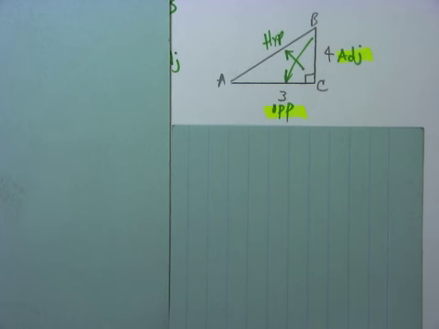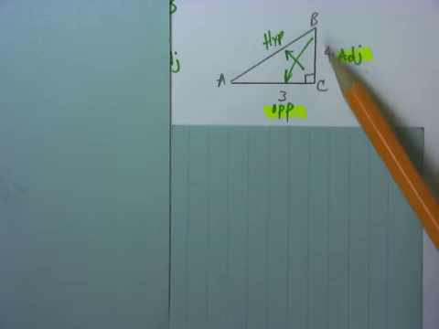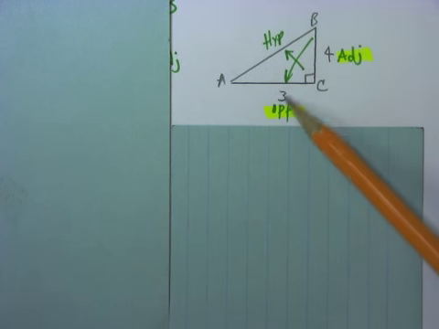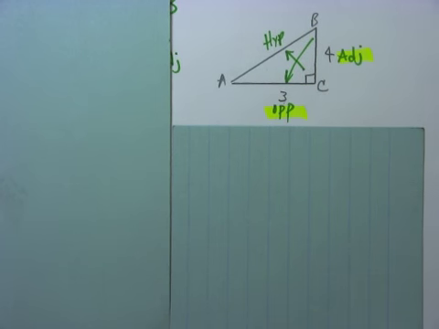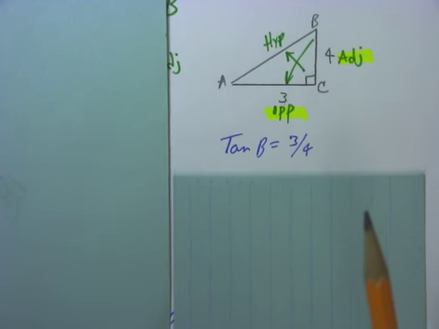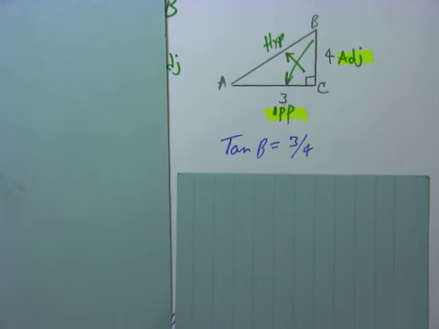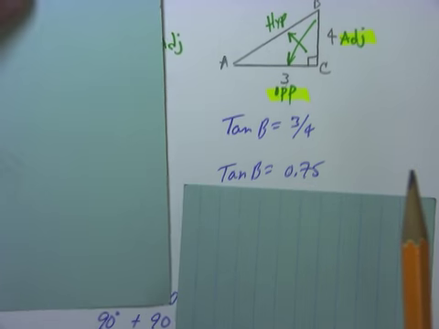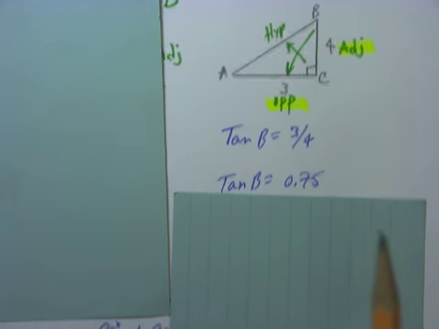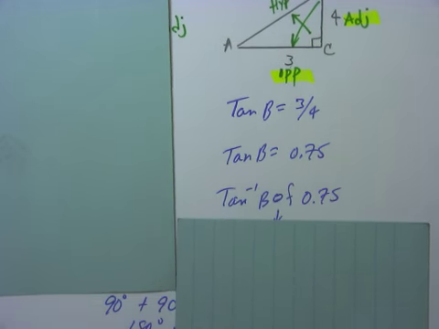Let's take a look at another example here. Let's say that they only give me these two sides here, right? Now they want to find the measure of angle B. Well, this is my opposite side. Here's my adjacent. They don't give me the hypotenuse this time, so I have the letters O and A, which are going to force me to use the tangent function.